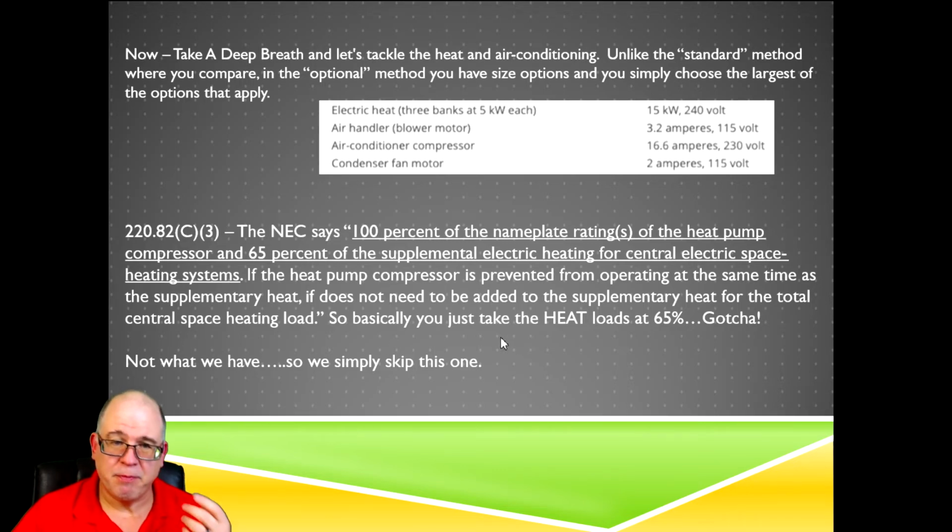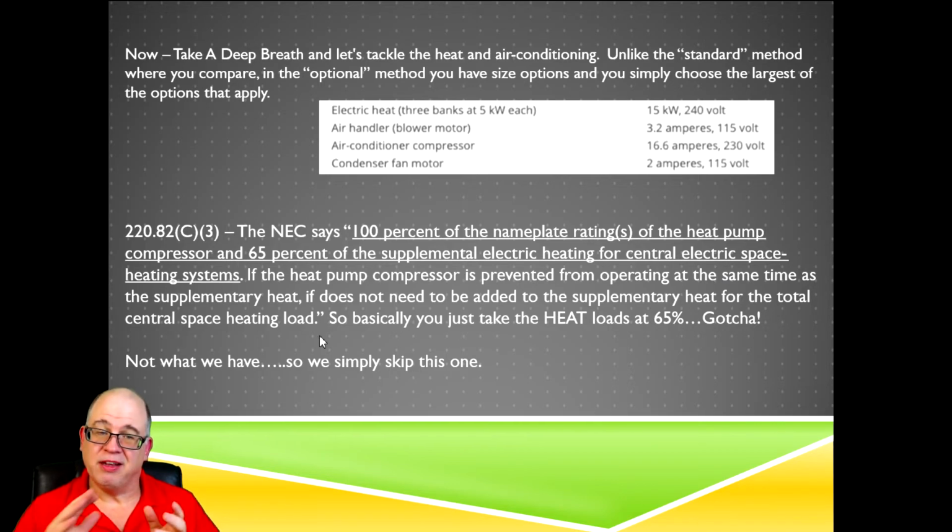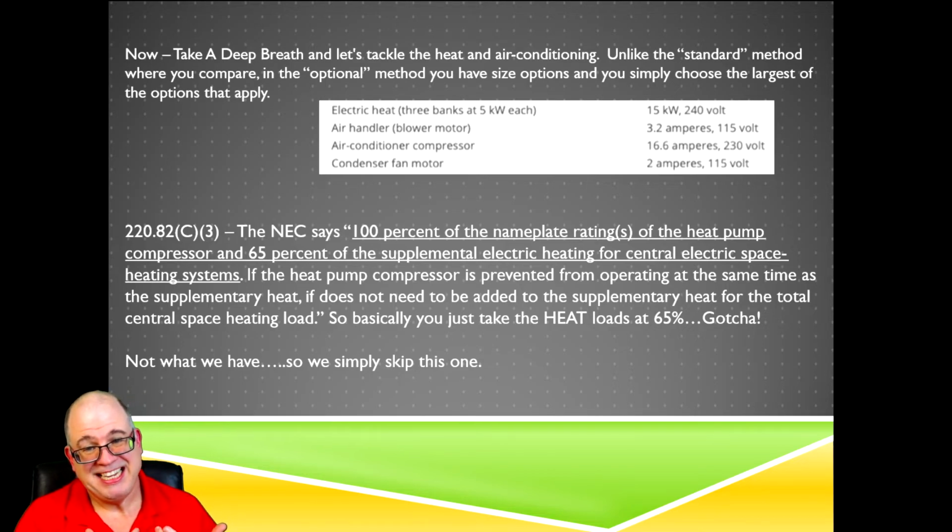So, if I have a heat pump and I supplement it with supplemental electric heating, then it's saying, well, guess what? If the heat pump's compressor doesn't come on at the same time as the supplemental heat, then I can use the supplemental heat at 65%, and I'm done.